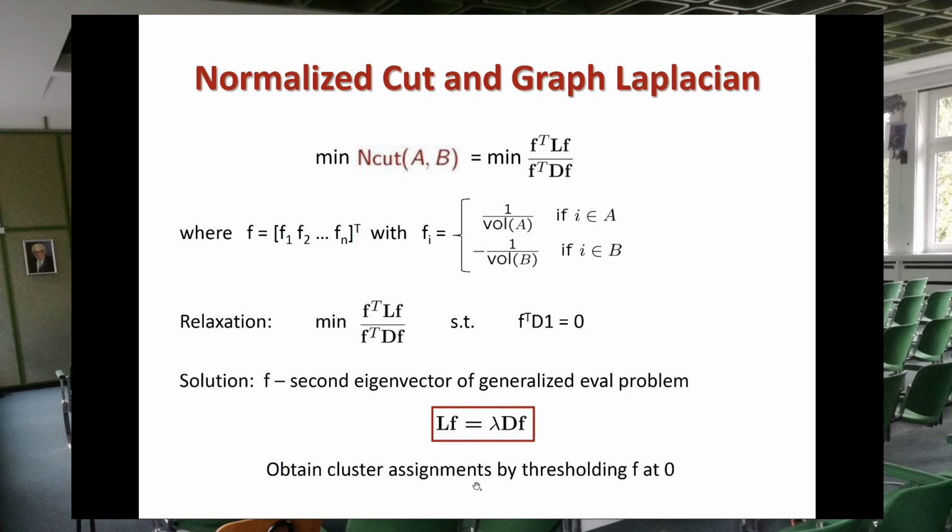So in the simplest case, when we have only two groups, we calculate the second eigenvector and use that vector as a way to group our points, using as a threshold the number 0. We will see that in a moment.